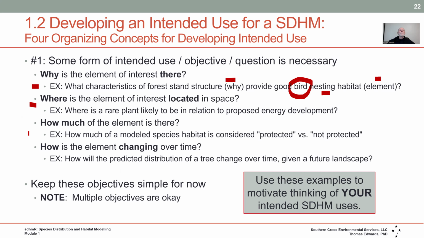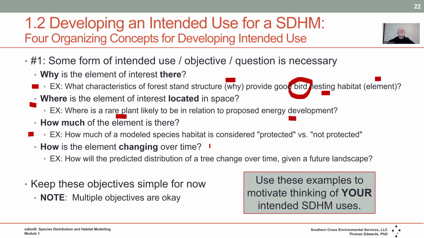Where is the element located? So where might a rare plant likely be in relation to proposed energy development? Is there likely to be a conflict between the development of the infrastructure necessary to extract energy and where a rare plant might be?